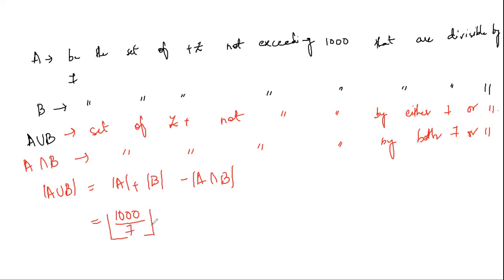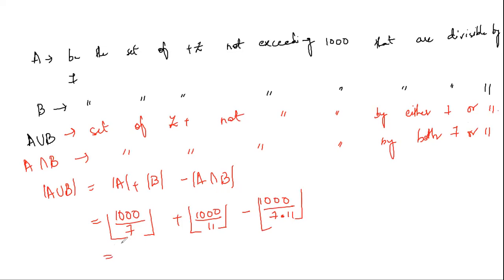Similarly, floor of 1000 by 11. And for A intersection B, as I've already explained, we have to take 7 into 11, that is 77. Such numbers will be divisible, so those are the common elements. So floor of 1000 by 7 into 11. The reason I am taking 7 into 11 has been already explained in the previous example.